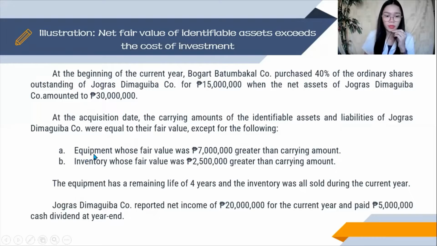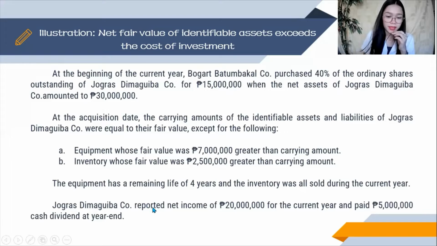A. Equipment whose fair value was 7 million greater than carrying amount, and B, inventory whose fair value was 2,500,000 pesos greater than carrying amount. The equipment has a remaining life of 4 years, and the inventory was all sold during the current year.